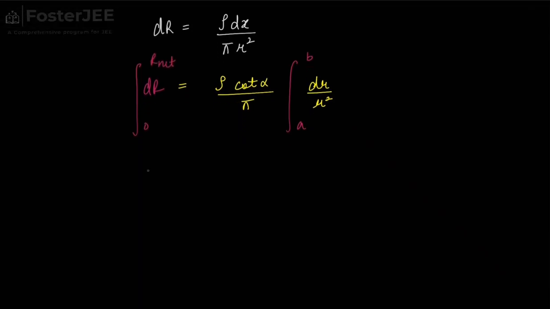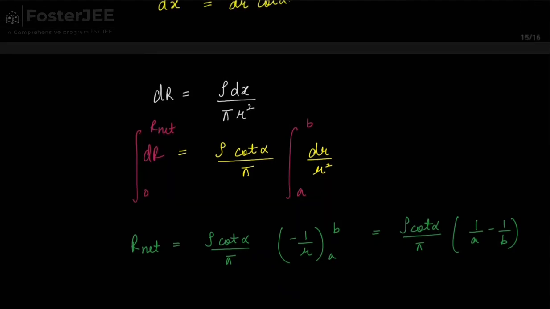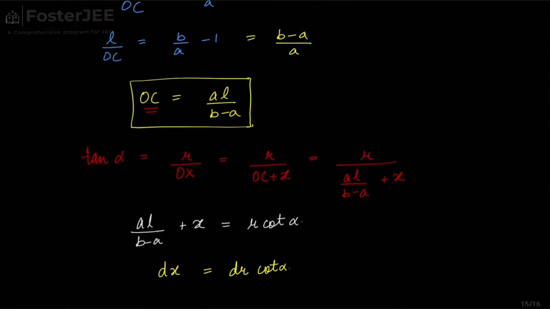Solving this, we will get R net equals rho cot alpha upon pi times minus 1 by r. This becomes a to b, which is rho cot alpha upon pi times 1 upon a minus 1 upon b. Now this is the final expression, but since alpha is the value that we have assumed in the question, we have to eliminate this.